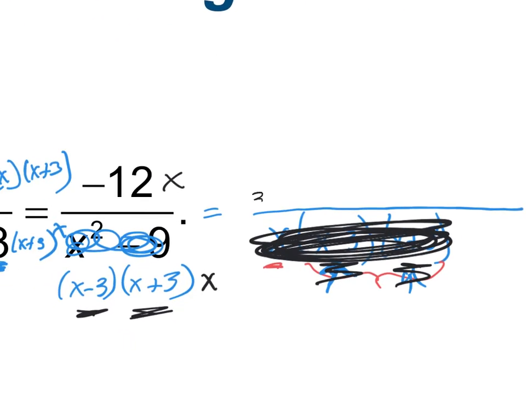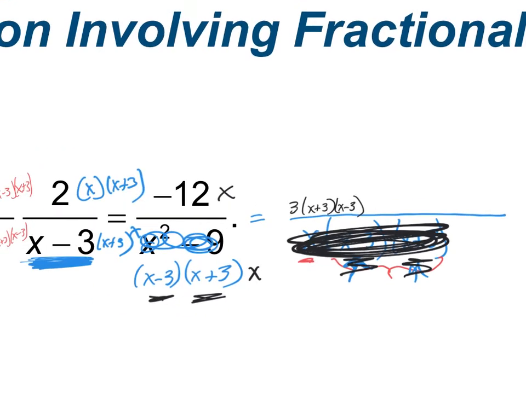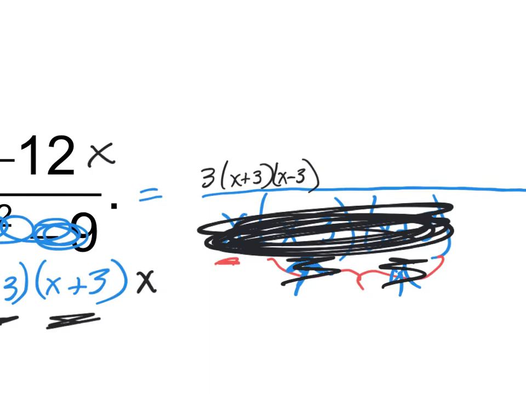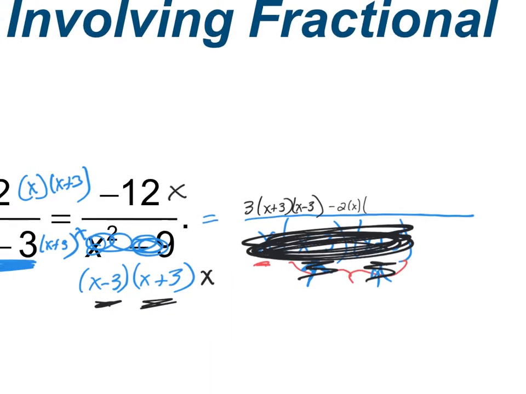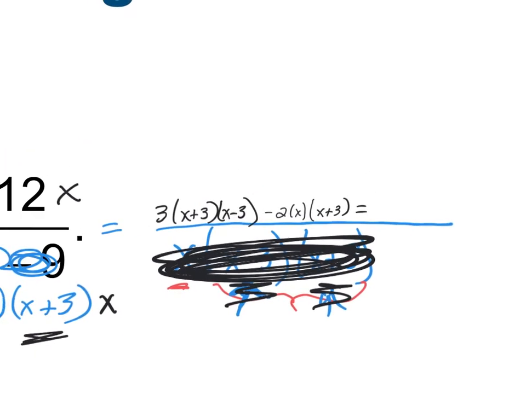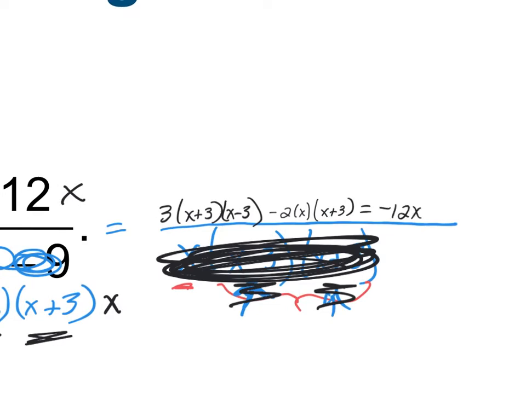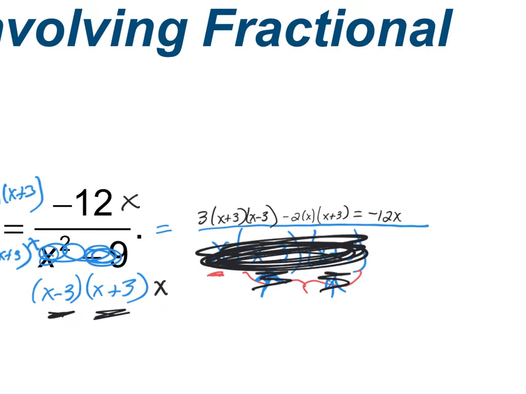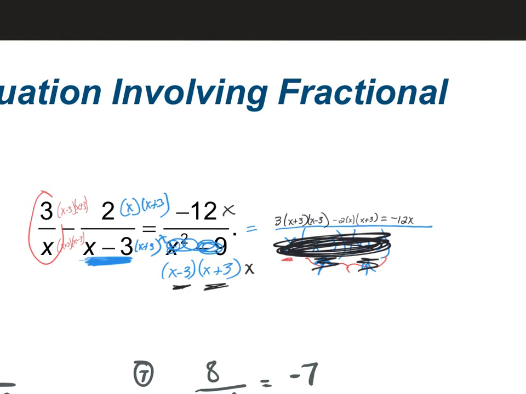My numerator is 3 times x plus 3, x minus 3. Once we get past that first step, this just becomes algebra. Then I have minus 2 times x plus 3 equals negative 12x.